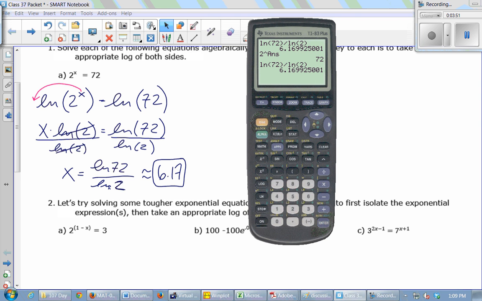If I know I'm going to use that number again in another calculation, I could store that number as, say, the letter A. So use this STO button, store, and it's saying, okay, take that answer and store it as the letter A, so I press alpha A. Now that number is stored as the letter A. So now if I want to do 2 to the letter A, I should get 72. Just a handy little thing to know.